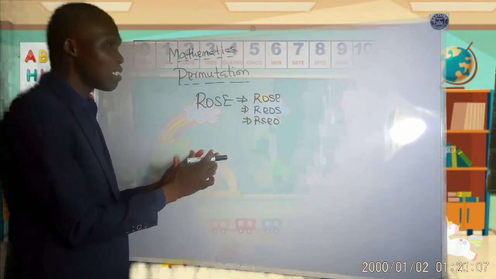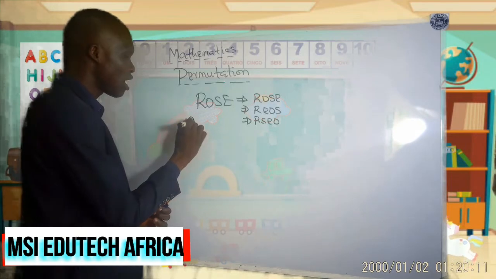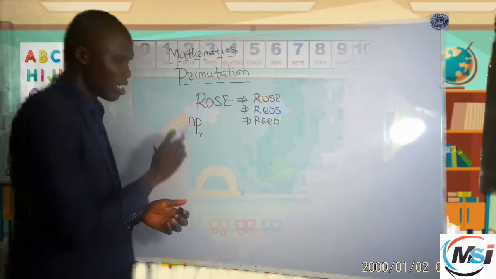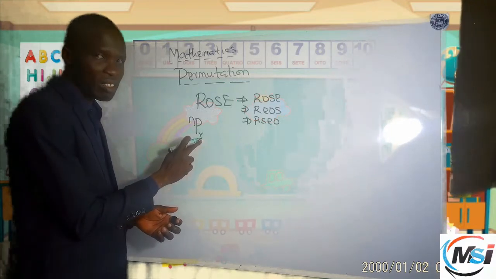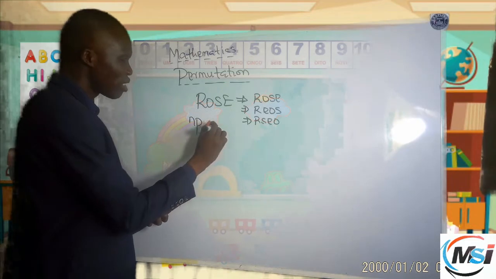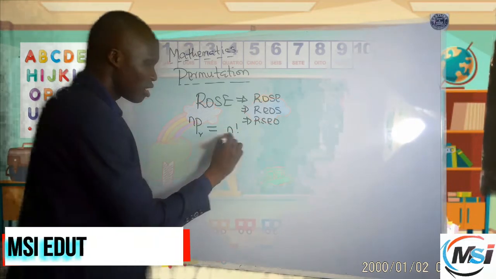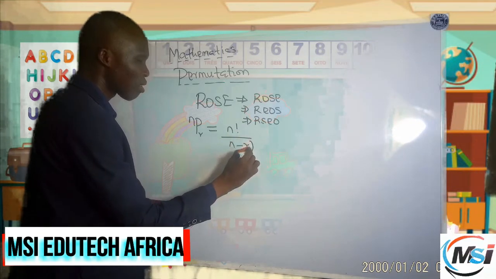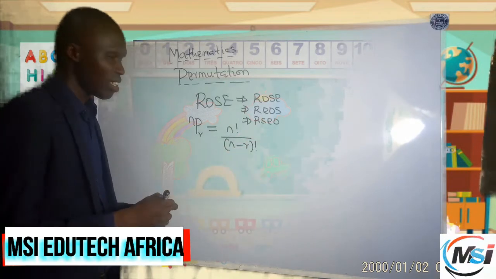Now, the general formula for permutation is nPr. This is what we call n permutation r. And what does that mean? It means n factorial divided by (n minus r) factorial.